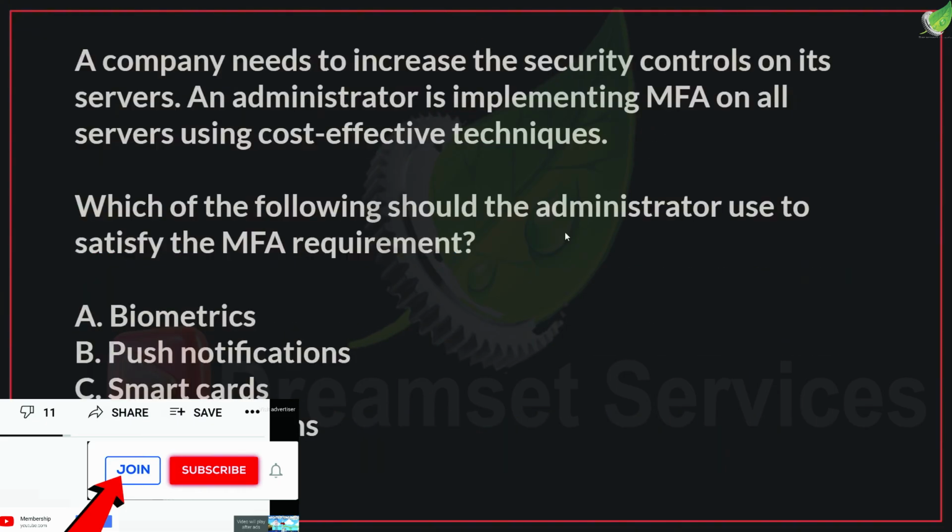A company needs to increase the security controls on its servers. An administrator is implementing MFA on all servers using cost-effective techniques. Which of the following should the administrator use to satisfy the MFA requirement?